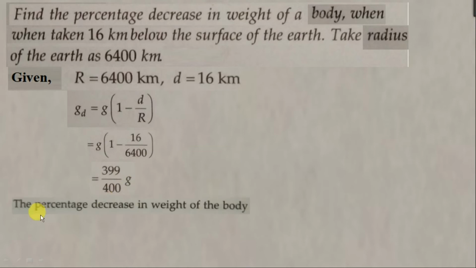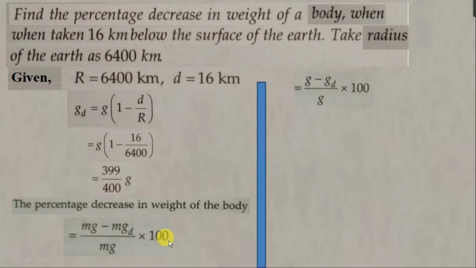So now percentage decrease of weight is given by original weight minus new weight by original weight into 100. So this is the formula. If you take m common, this m in the numerator and m in the denominator will get cancelled. So we are left with this. Now we'll put the values. So for g_d I'm writing 399 by 400. Now you can see these two g are common.